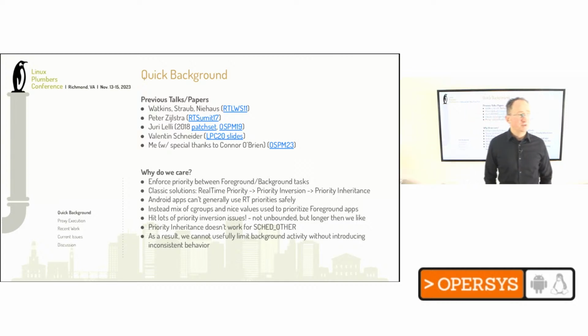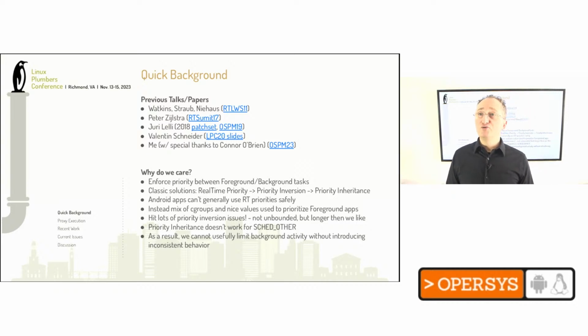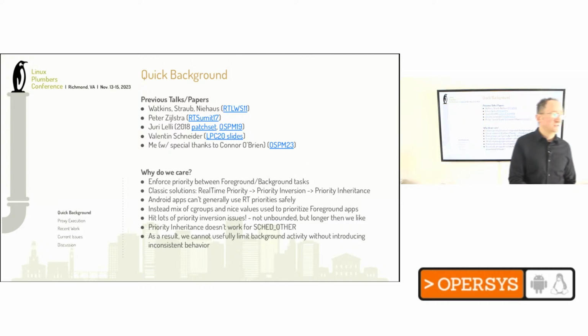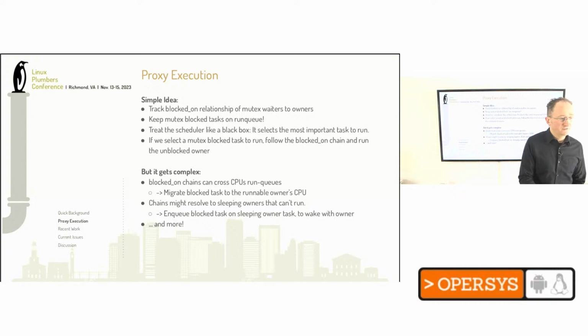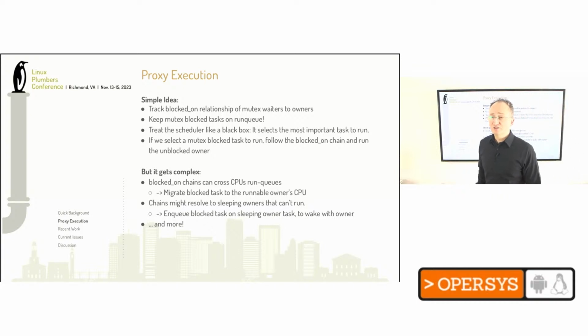Essentially, the issue is we want to provide foreground processes with the performance the user needs for that process to run, and that's a challenge in Android. There's a bunch of hacks that are attempted to make this happen, and proxy execution is the idea of trying to solve that, or at least one of the solutions to this problem.